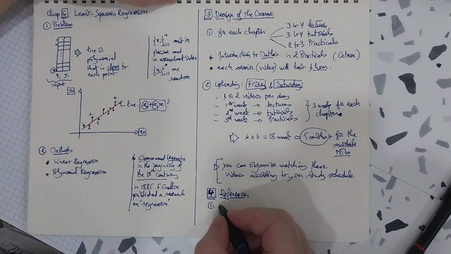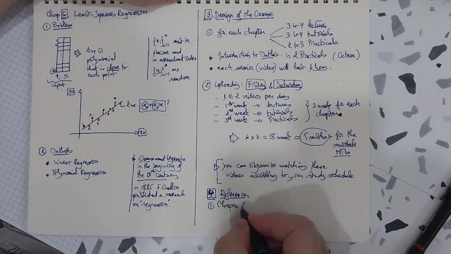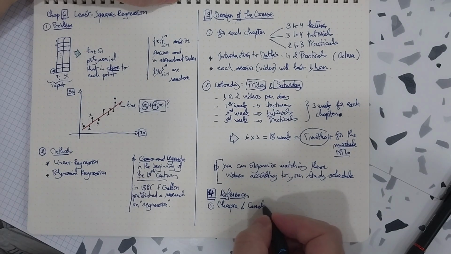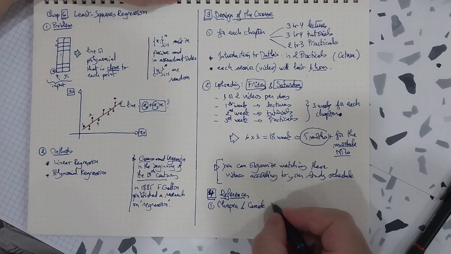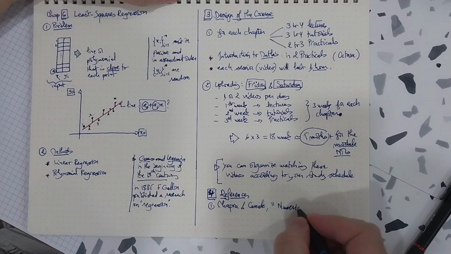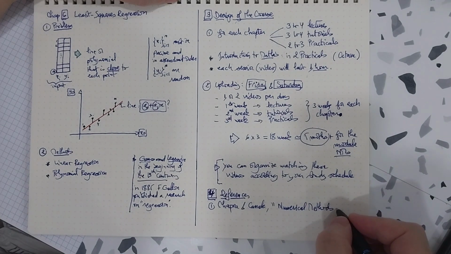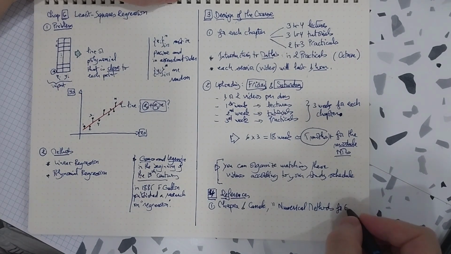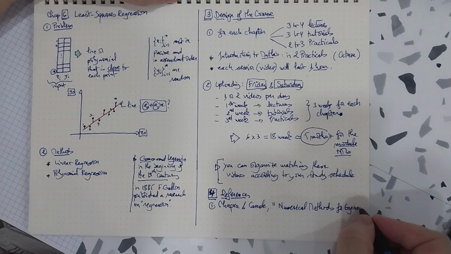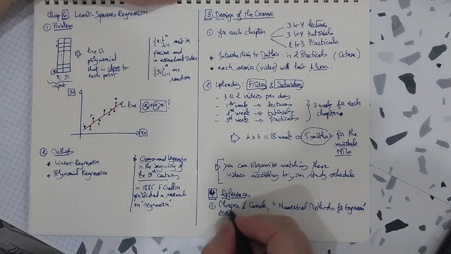So the first reference is the work of Chapra and Canale, 2 professors, and the title of the book is Numerical Methods for Engineers. The edition I have studied is 2015.